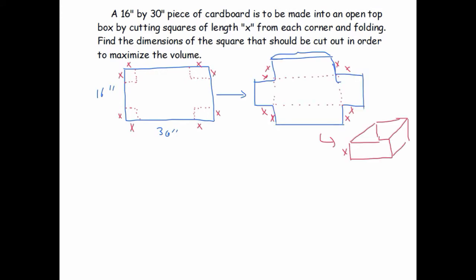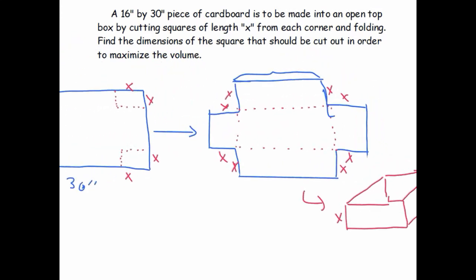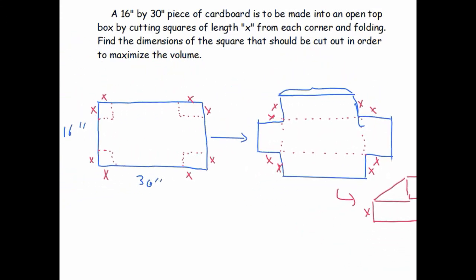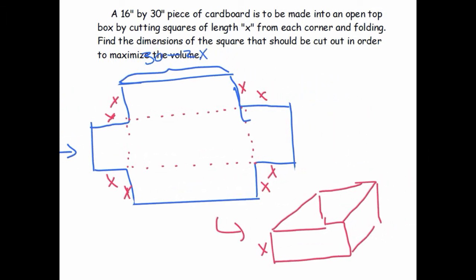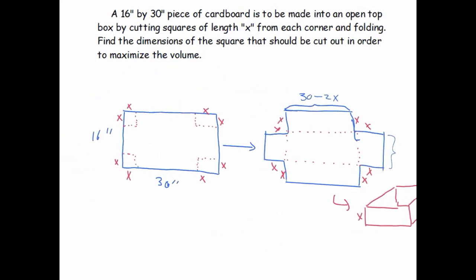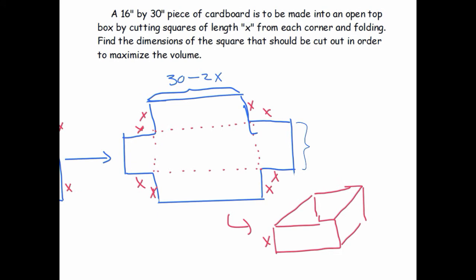Hopefully after a few seconds of thought, you would say, okay, it used to be 30, and then I removed two x's, so it's 30 minus 2x. And this side over here, well, that's the 16 except for the two x's, so it would be 16 minus 2x.